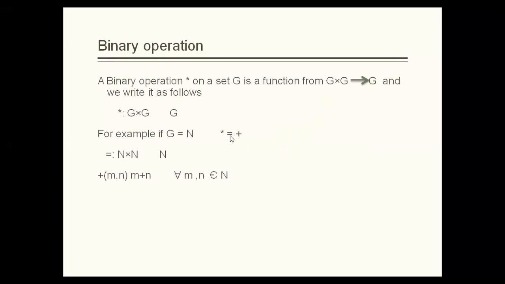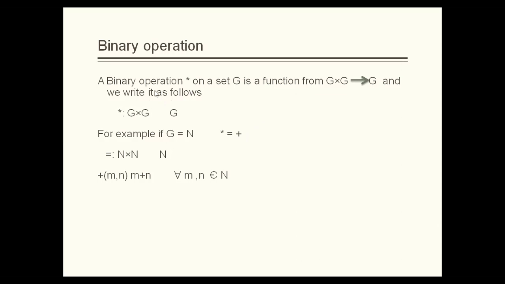What is a binary operation? I used this word binary operation in group theory already, but I want to explain it more, because all our group structures, ring structures, and then field structures depend on binary operations.